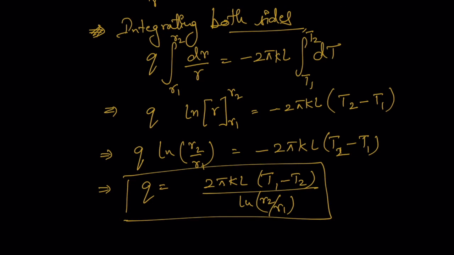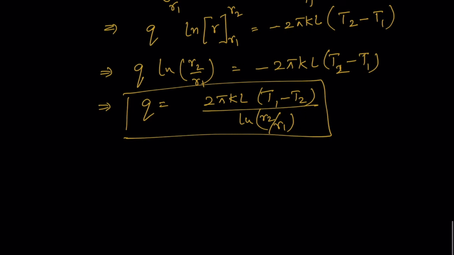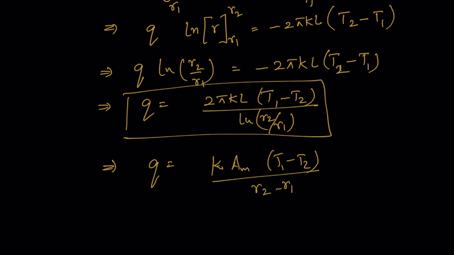Okay, if you want to write it in the form like we have written for the plane wall, you can write q equals k Am T1 minus T2 divided by r2 minus r1. You can write like this also, right?